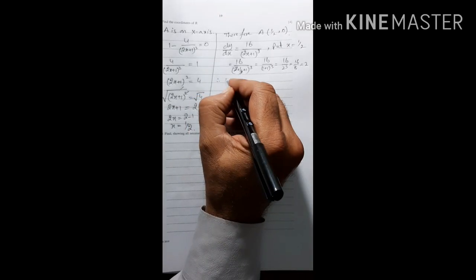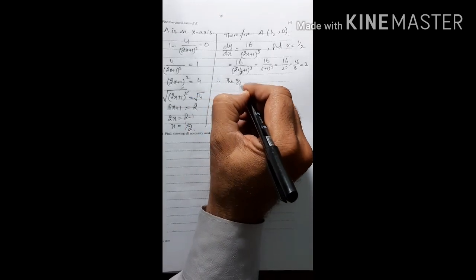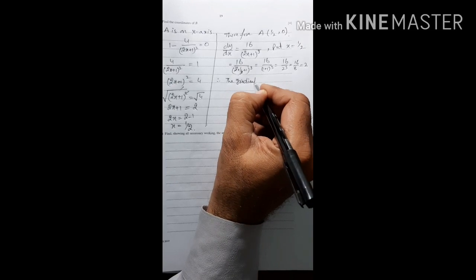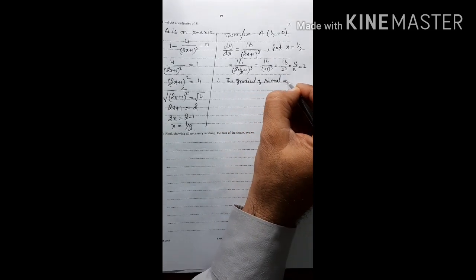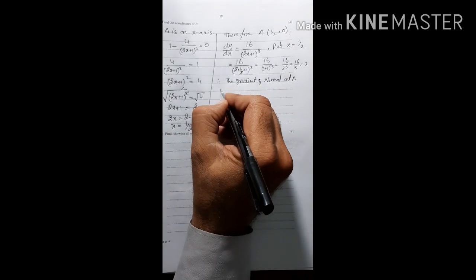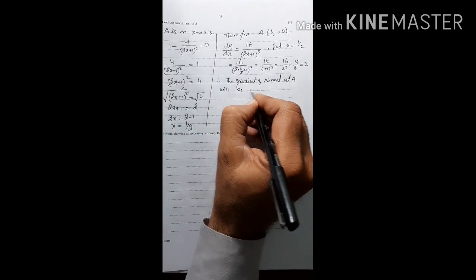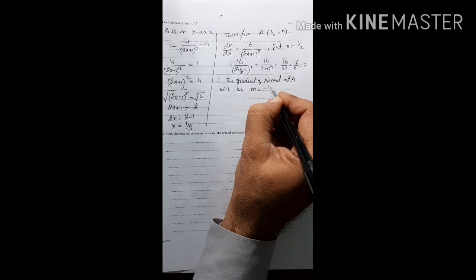Therefore, the gradient of normal at A will be m is minus 1 over 2, because you know the product of gradients of two perpendicular lines is always minus 1.